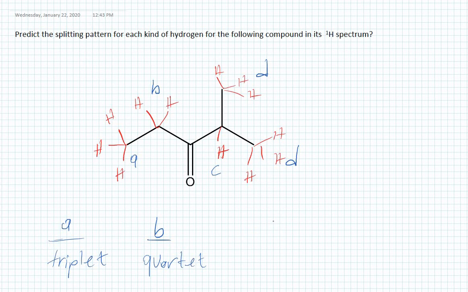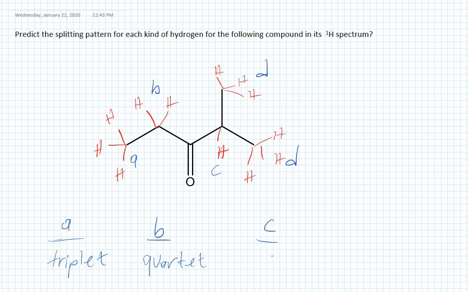Let's go to C, and let's find how many equivalent hydrogens in the neighboring carbons we have. We have here 3 hydrogens. We have here 3 hydrogens. They are equivalent, these 3 and these 3. So we have 6 equivalent hydrogens.